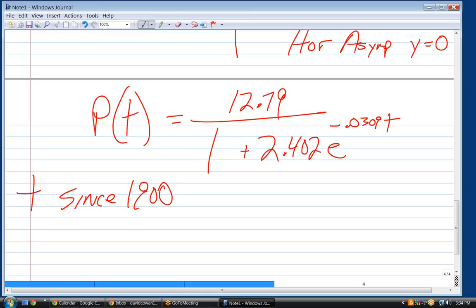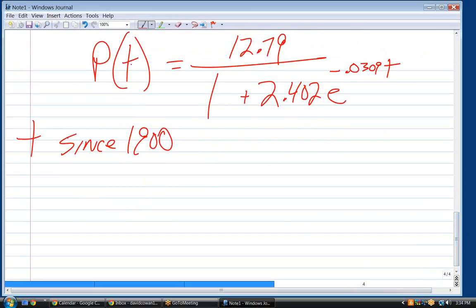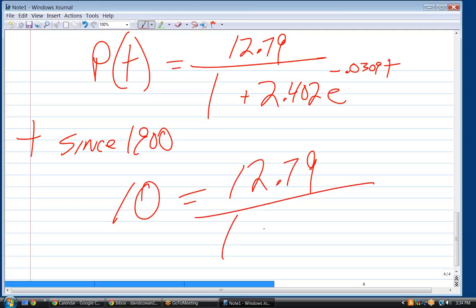It asks when was the population of Ohio 10 million. Okay. So when is P of T equal to 10? Because that's in millions. So I'm going to substitute 10 for that and solve this equation.